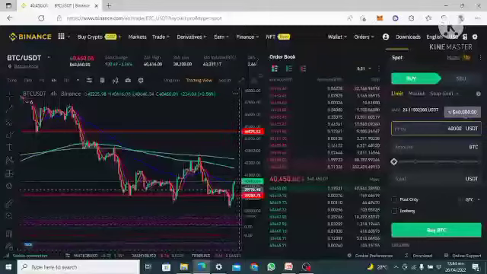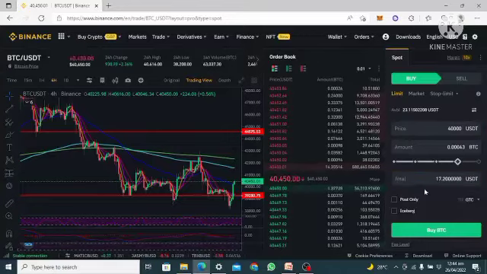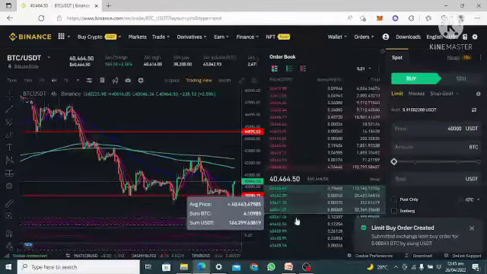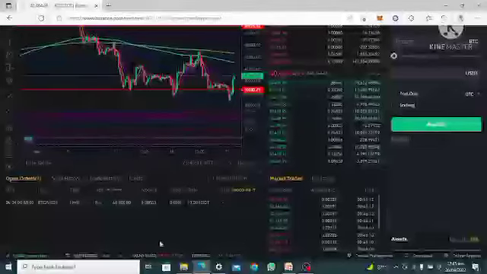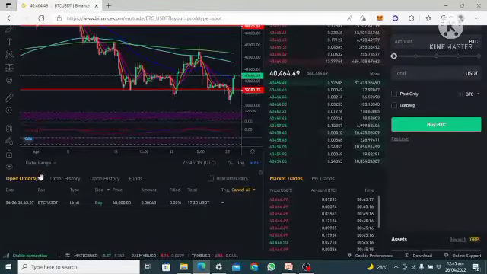For example, I want to buy at $40,000 and I want to use 75% of my asset to buy. So what will happen if I click buy BTC at 40,000? What happens automatically is that I have an open order. You can see this is open orders, this is order history, and this is trade history.